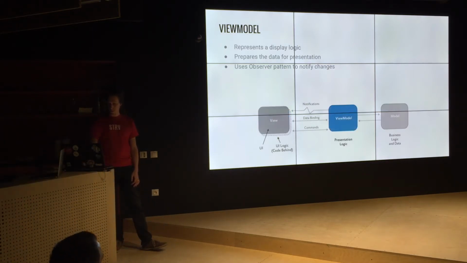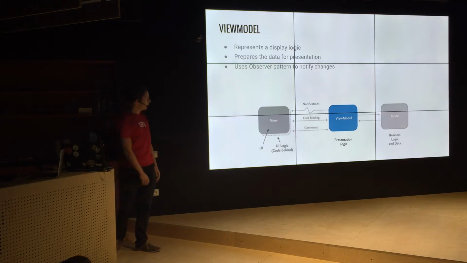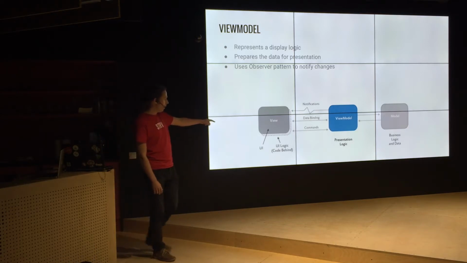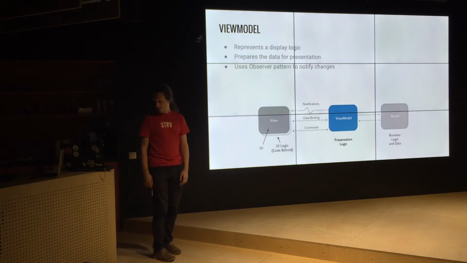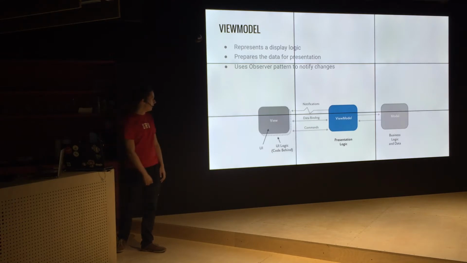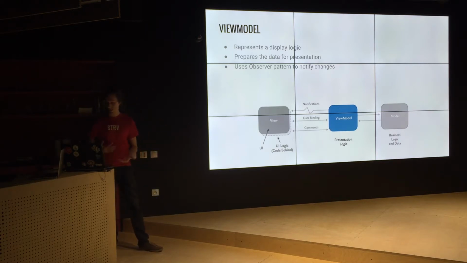And view model represents a display logic, and is basically a bridge between view and model. View model prepares the data for presentation, and the important thing is that it uses the observer pattern to notify about changes. So if there is some change in the view model, view model notifies the view about that change, and it's displayed.